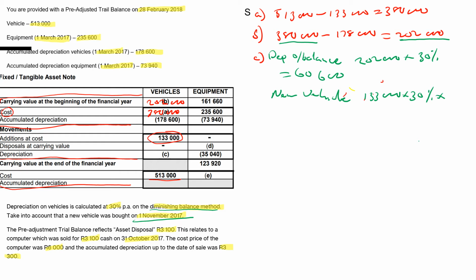So November, December, January, February, that's 4 months, so 4 over 12. We depreciate pro rata. So that will be 133,000 times 30% times 4 divided by 12. That's 13,300.